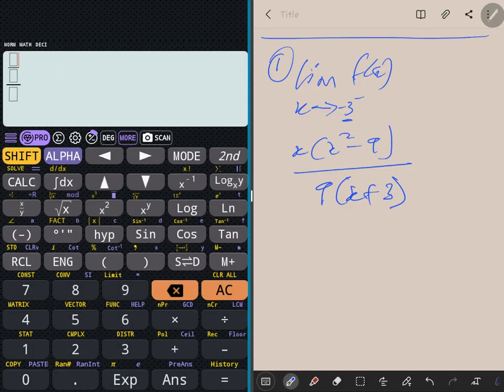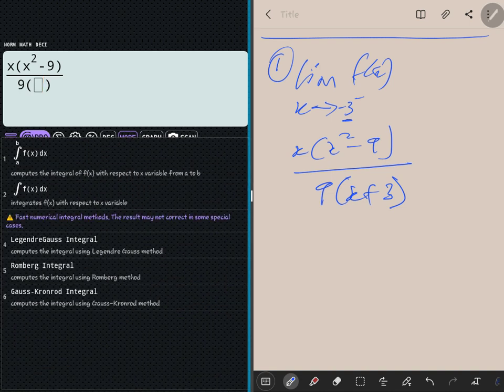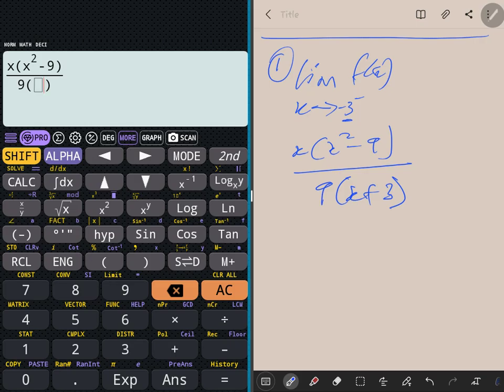So let's see. We have x squared minus 9 over x bracket x plus 3.